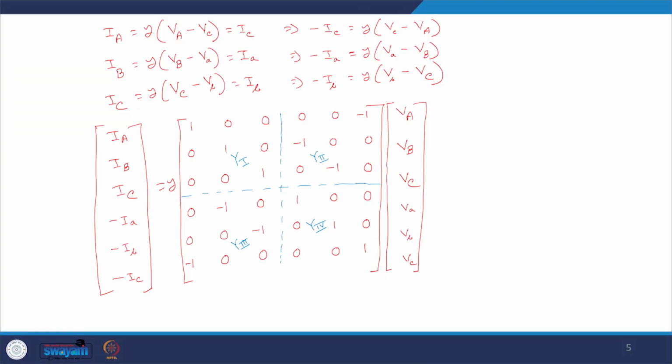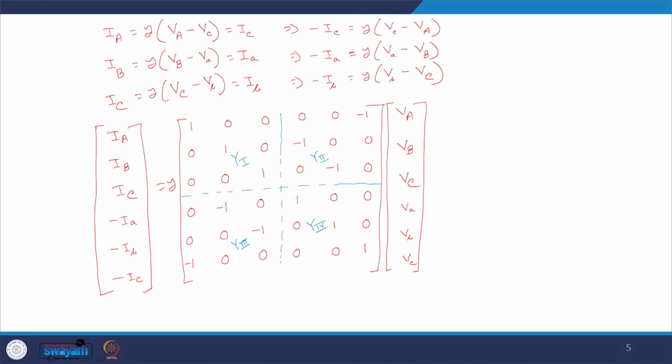Neither is it always necessary that Y2 and Y3 only have 1 or minus 1 as entries. No, they can also have any other entries, but what would always remain the fact is that Y2 and Y3 would always be transpose of each other, right. So, that will always remain, and we will see that it always holds good.